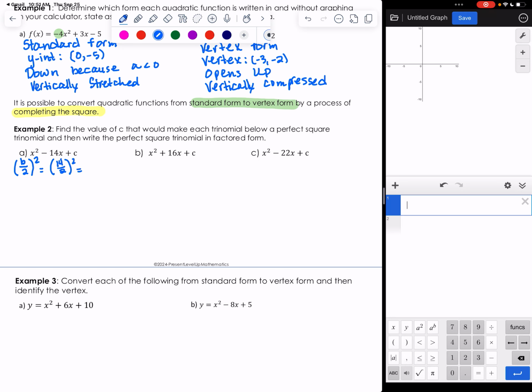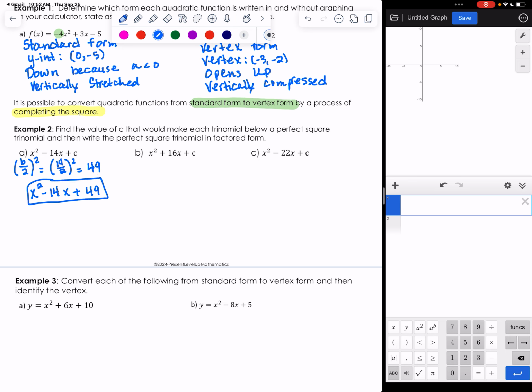So in this problem, 14 divided by 2 is 7, and 7 squared is 49. So I can rewrite x squared minus 14x plus c as a perfect square trinomial like this. X squared minus 14x plus 49. So there is our perfect square trinomial.